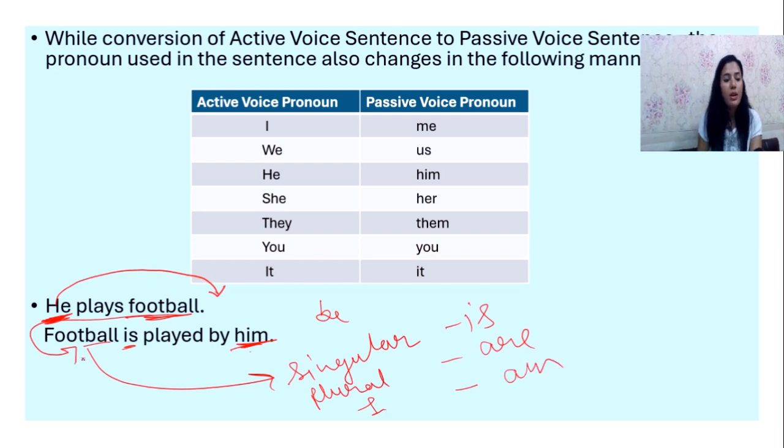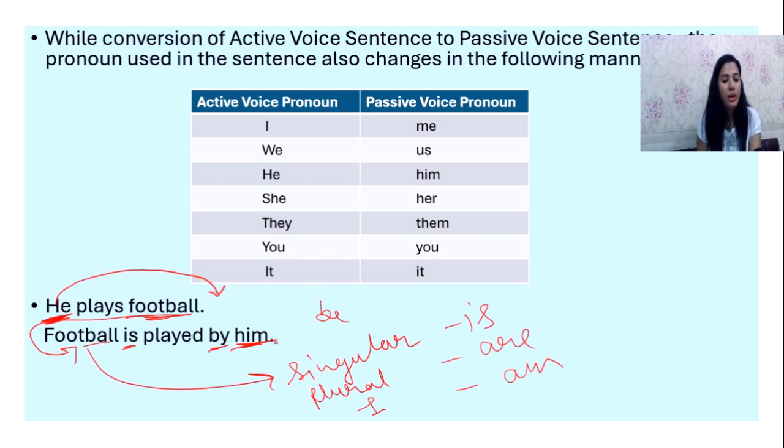Football is. Now what is the past participle form of play? It is played. Football is played by him, because generally we use the preposition by, so we will use here by. Then he becomes him because we will write the objective form of the pronoun here.